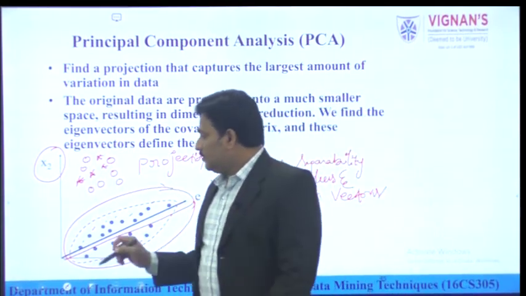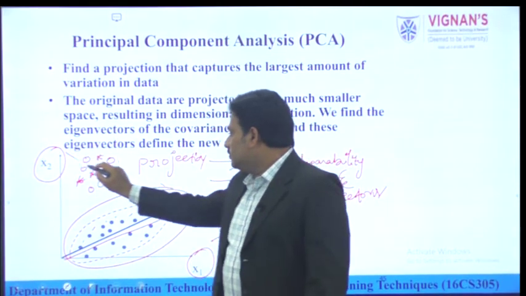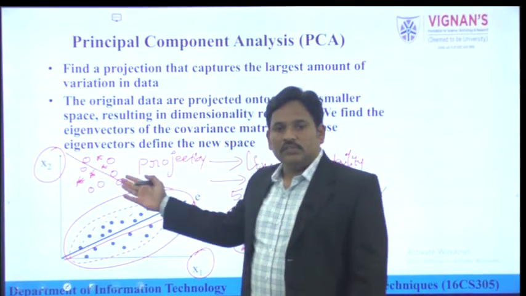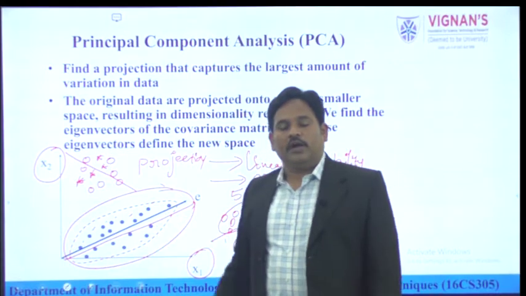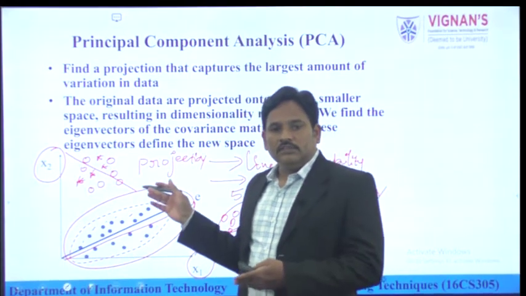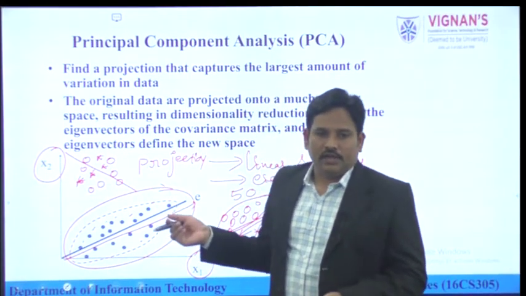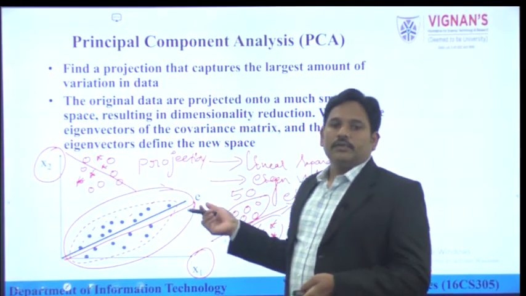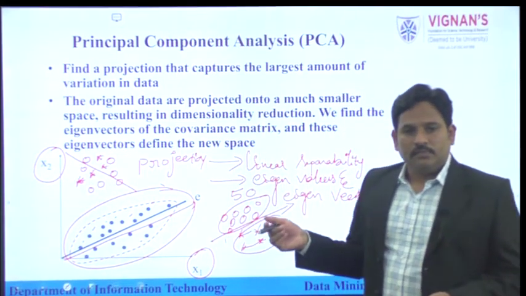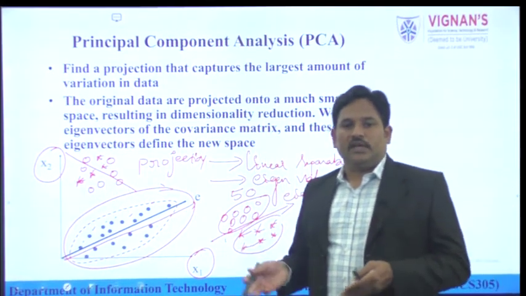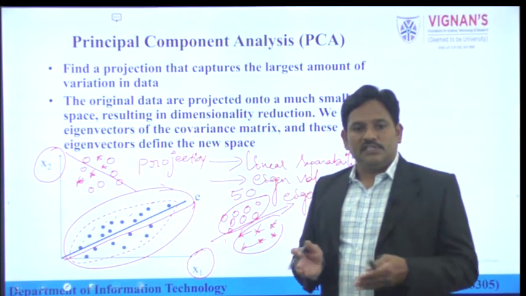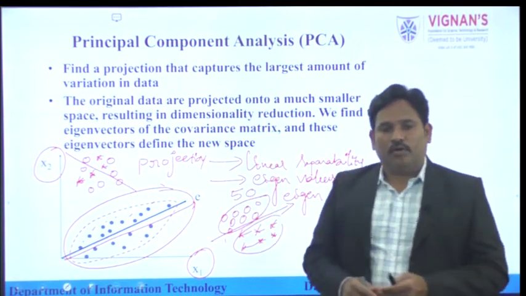But if the attributes are like this, and we draw a line like this, then on both sides we have important and unimportant attributes. How can we separate them and apply dimensional reduction? That is a problem in principal component analysis. When the attributes are linearly separable, we can apply principal component analysis.